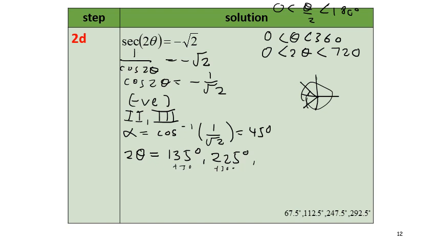So press your calculator. 135 plus 360, we got 495 degrees. And then 225 plus 360, we got 585 degrees.